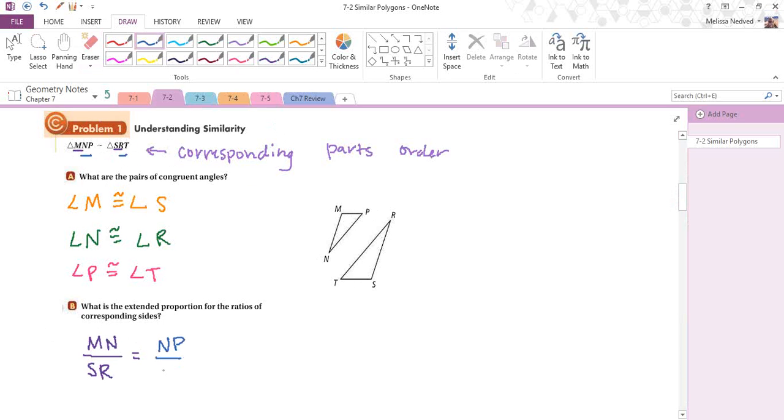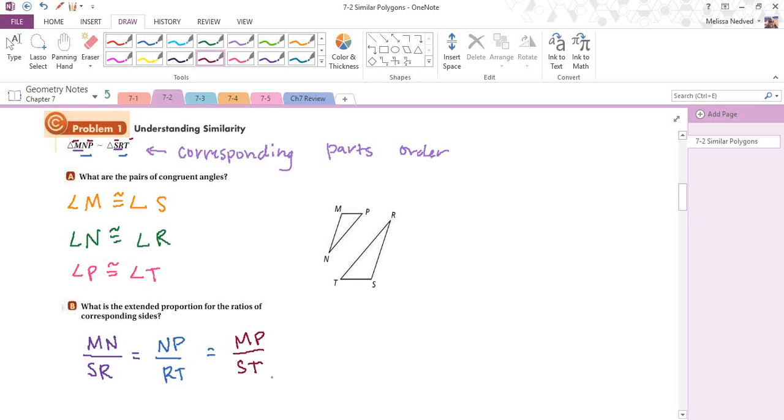Again, always listing that first triangle first. If you flip it, always be consistent. And the last ratio in my extended proportion is going to be my first and last over first and last, MP over ST.